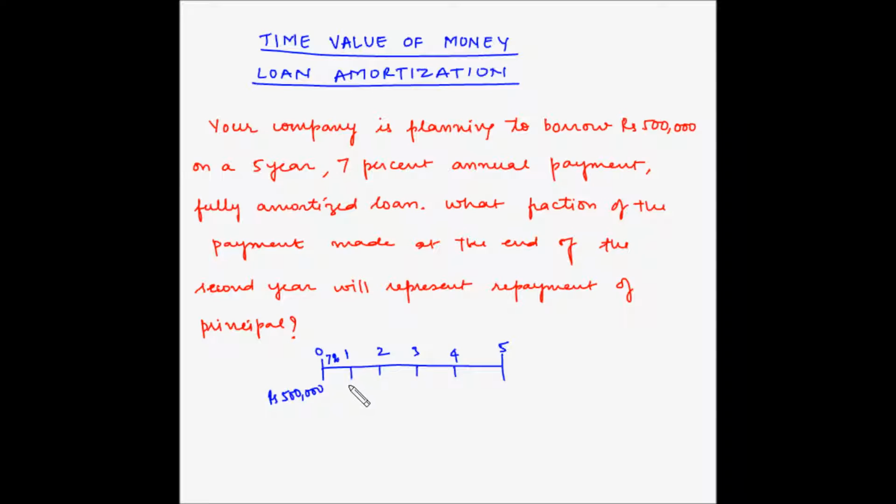So let's say the installment being repaid is PMT. This represents the payment.